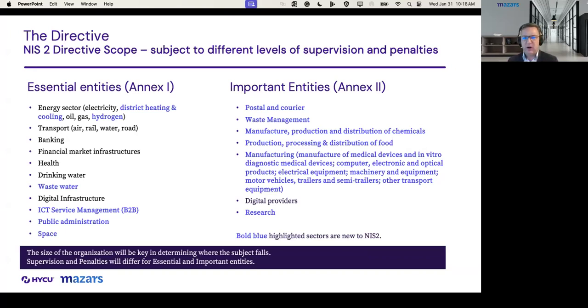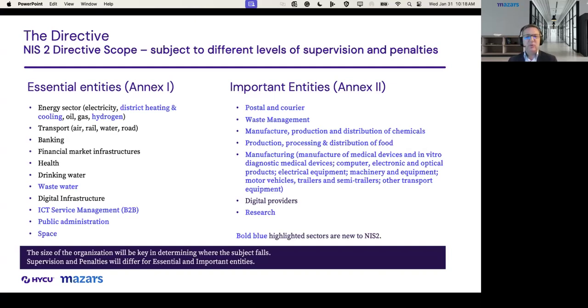They will have high requirements. They will need to have regular audits, and the inspectors will come and audit on a certain periodic timetable.